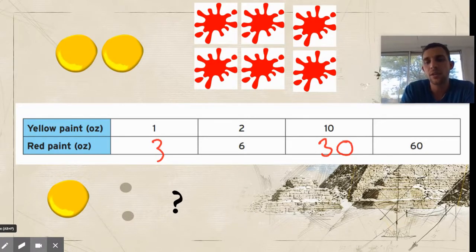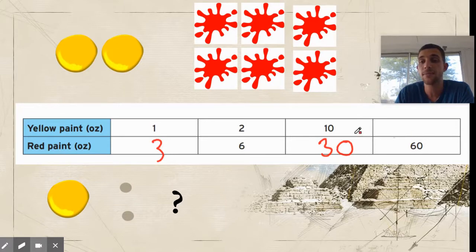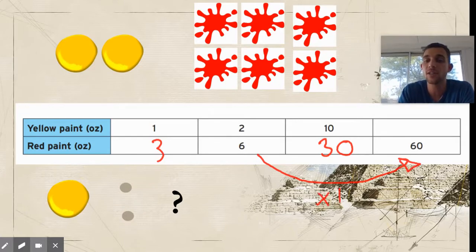We could take 30 times 2 is 60, and then we would do 10 times 2. Or we could take 6 times 10 is 60. Or we could take 3 times 20. I think 6 times 10 is easier because I like to multiply times 10.